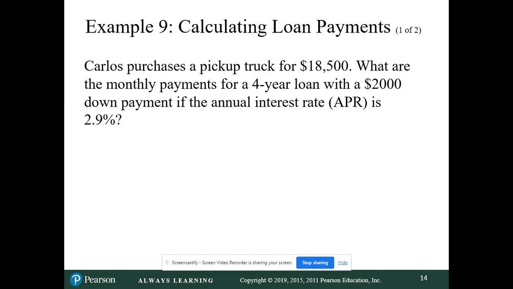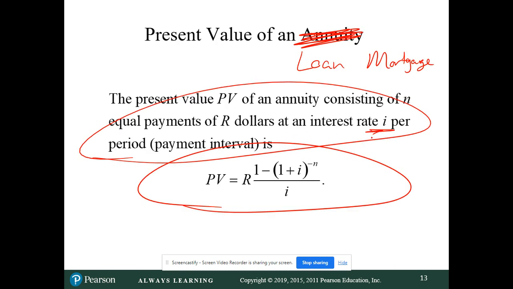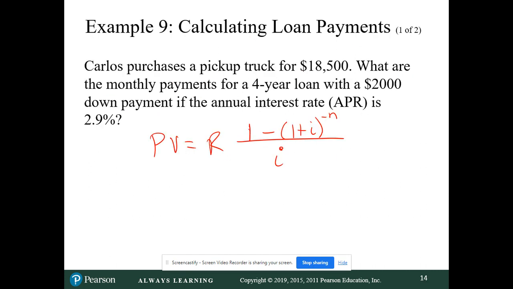PV equals R times 1 minus (1 plus i) to the negative n, over i. So i is the interest rate. I stands for interest. Hey, that's a novel concept. The equal payments are R, and n is the number of payments that you're going to have.